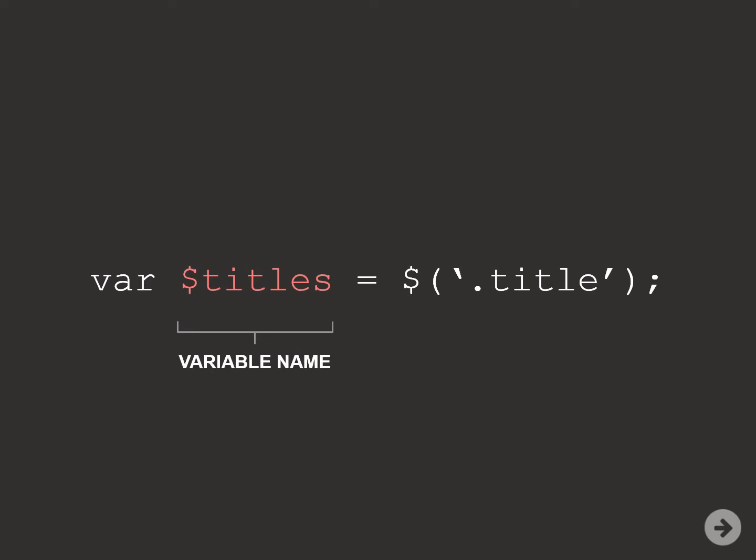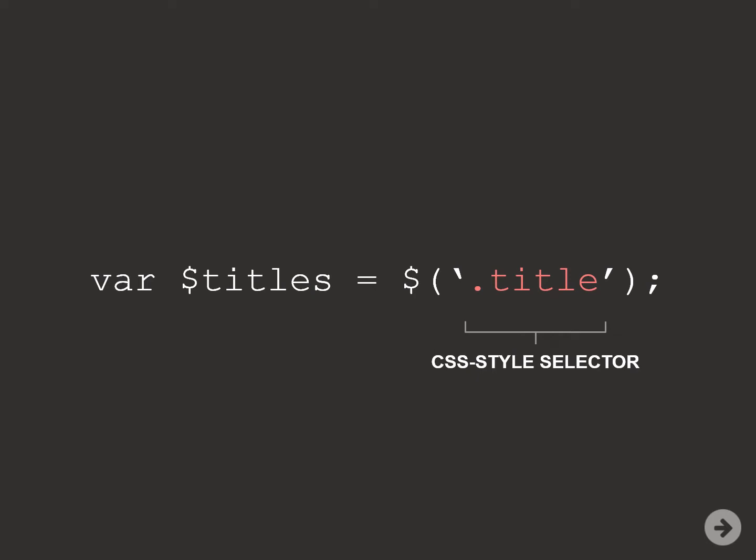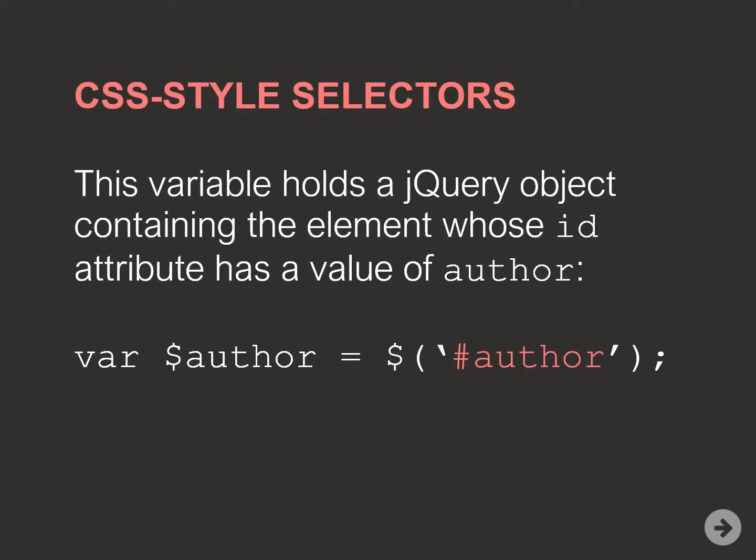So $titles is the variable name, and .title is the CSS style selector to retrieve elements with this type of property, so we can retrieve all the titles.